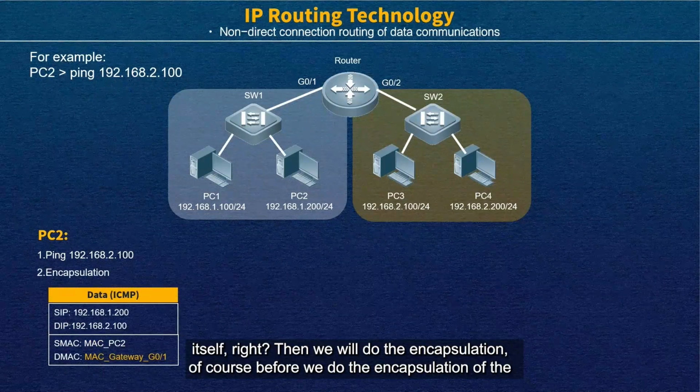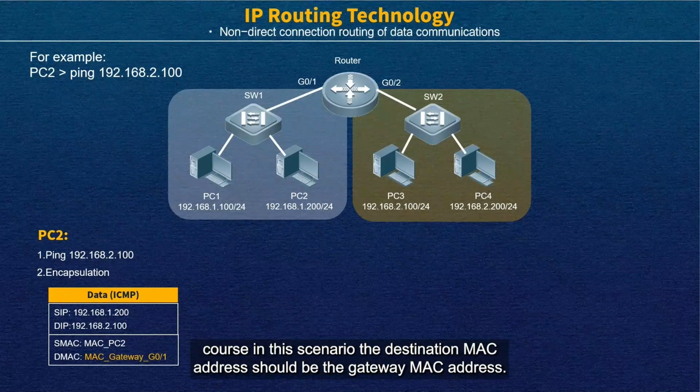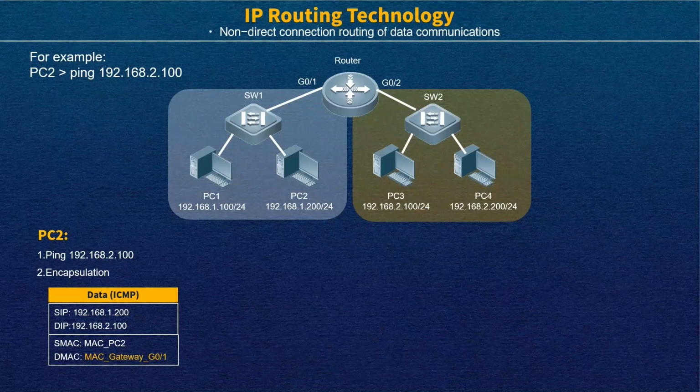Then we will do the encapsulation. Of course, before we encapsulate the full ICMP packet, we will send out the ARP message to ask for the correct destination MAC address. In this scenario, the destination MAC address should be the gateway MAC address.